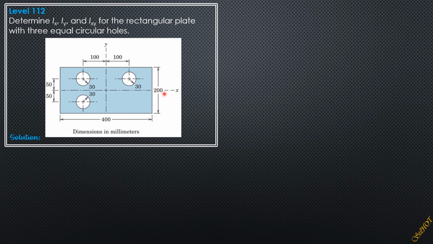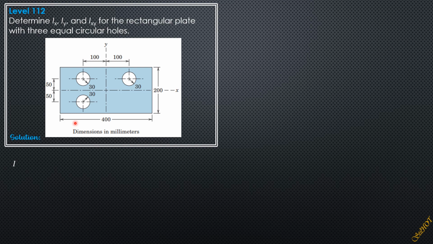So it is 400 times 200 cubed over 12, then minus 3 times the moment of inertia of a circle with respect to the centroid, which is pi r to the fourth over 4, then plus the area pi r squared, pi times 30 squared, times y-bar squared, and y-bar is 50.